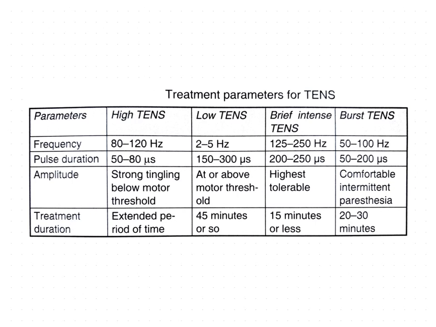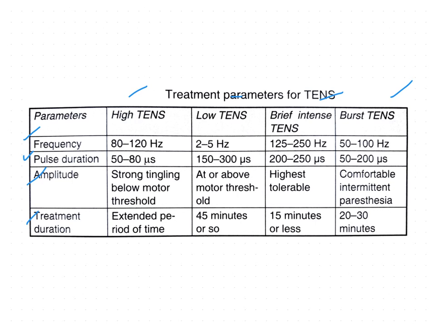The parameters we have to consider are the frequency, the pulse duration, amplitude, and the treatment duration. We have 4 types of TENS: high TENS, low TENS, brief TENS, and burst TENS.